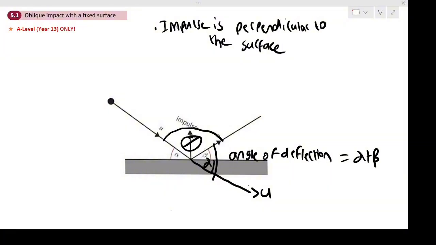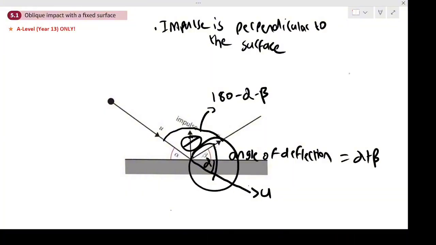The textbook doesn't really explain it very well. It's quite misleading, but that's not the angle of deflection, because this angle is actually 180 take away alpha, take away beta, because obviously these are angles on a line, so they have to add up to 180. So that is not the angle of deflection, okay?